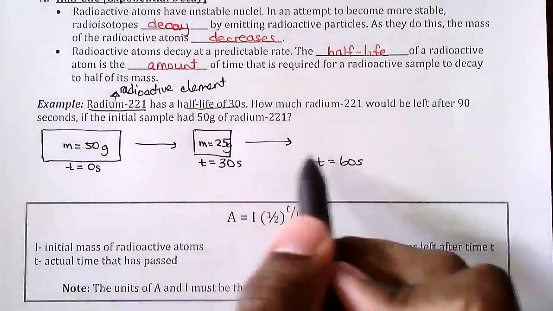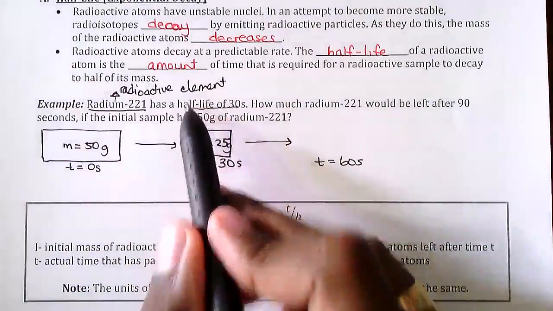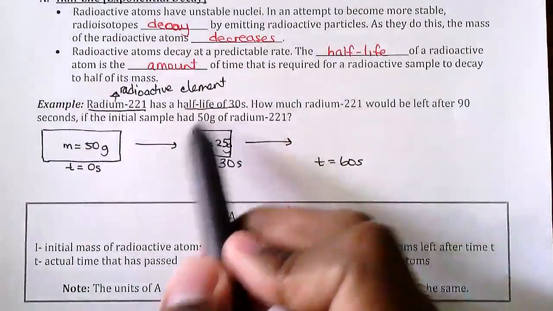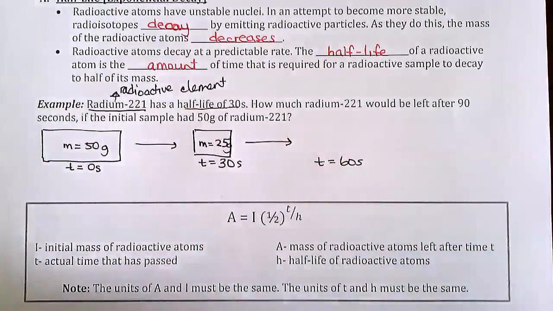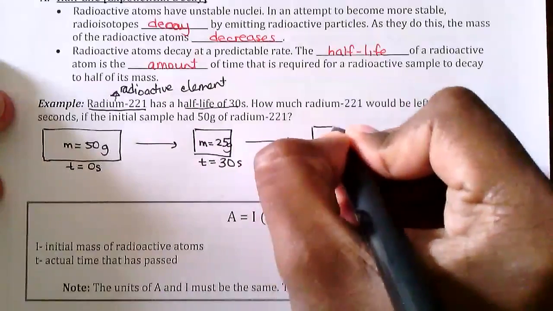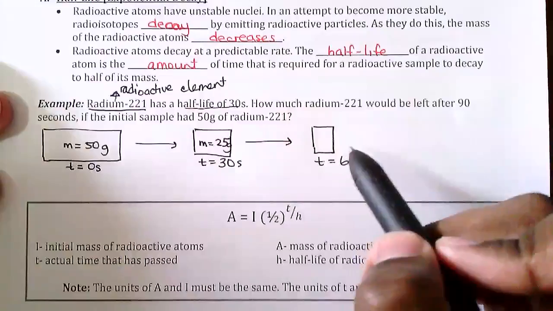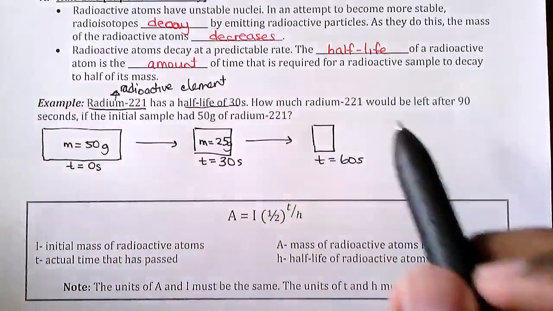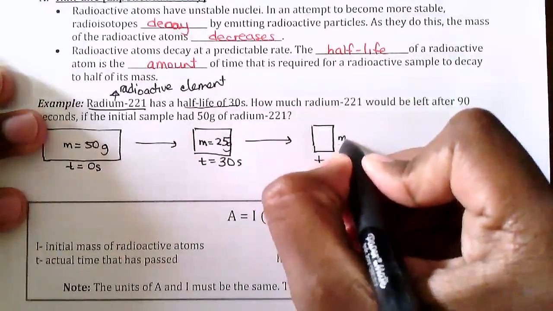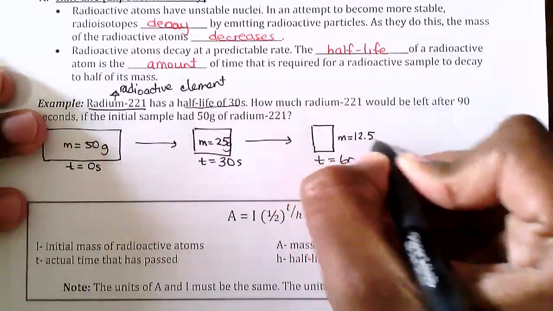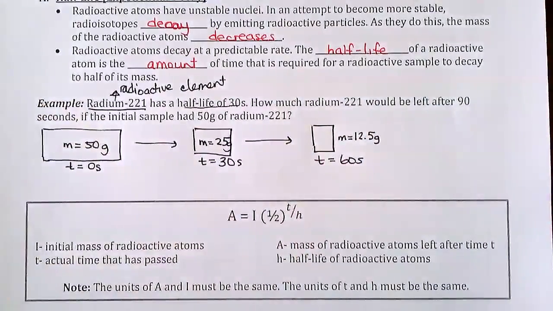And because another half-life has passed, the mass will reduce by half again. So half of 25 grams is 12.5 grams.